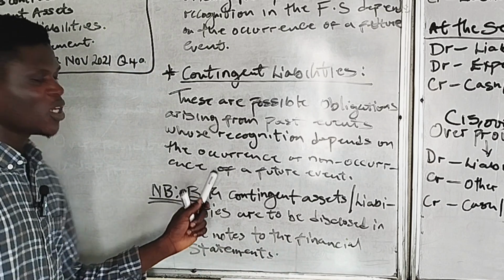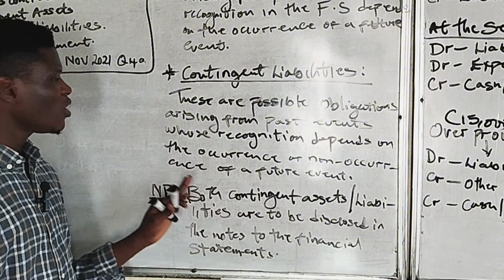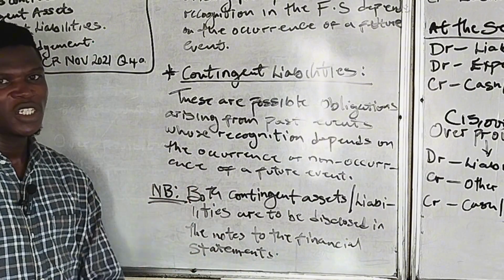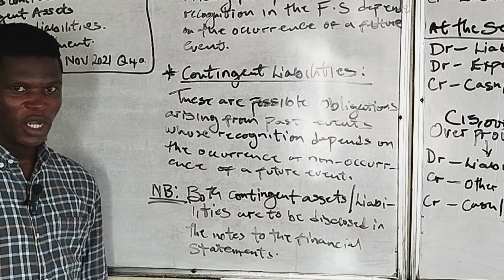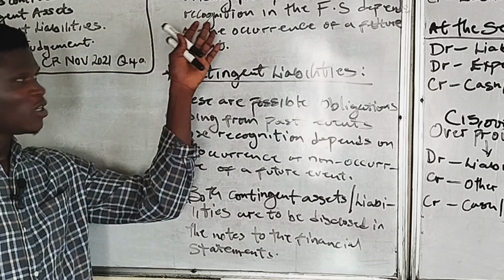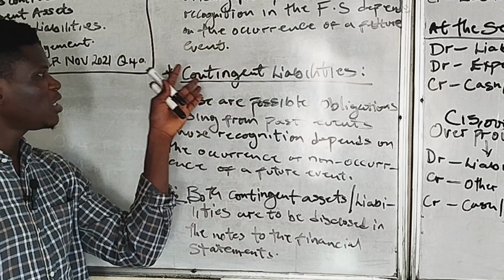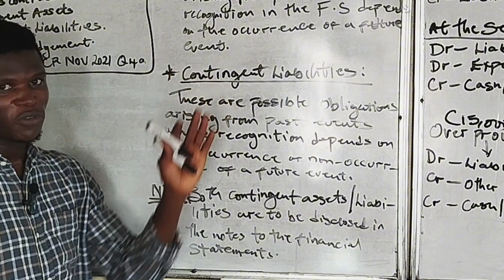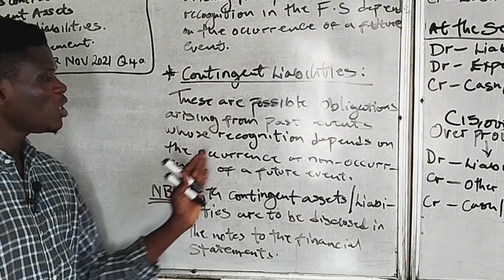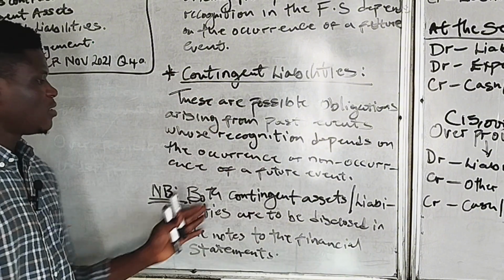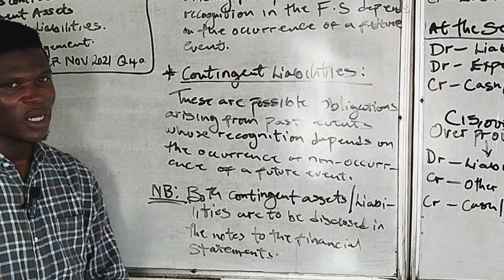So that's one important thing to take note of. So we do not recognize contingent assets and contingent liability on the face of the account. So they will not be shown as an asset in the statement of financial position, neither will they be shown as a liability in the statement of financial position. So they should only be disclosed as information in the notes to the account.